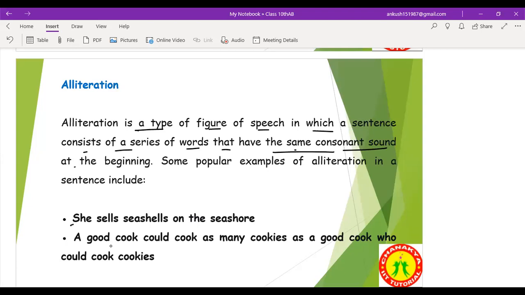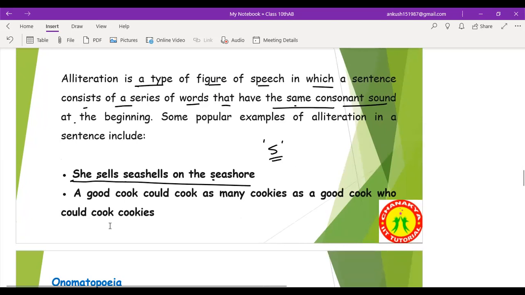The best example is given here: she sells seashells on the seashore. Which sound is repeated? The S sound. At the beginning of the words, the letter's sound is repeated many times. At that time, alliteration happens.